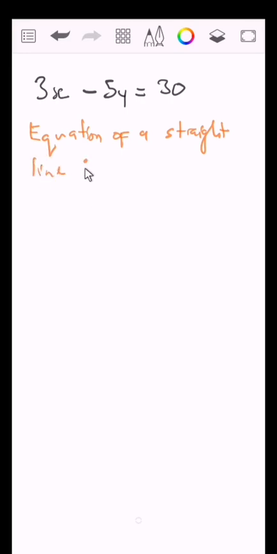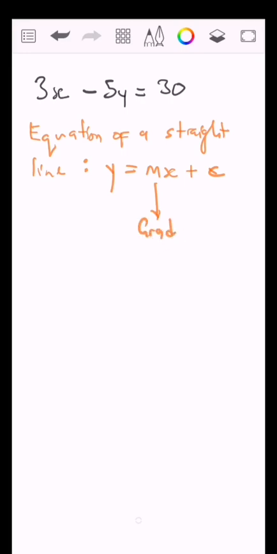The equation of a straight line is given as y is equal to mx plus c. So let us define the different terms in this generalized form of the equation of a straight line. M is the gradient of the line.